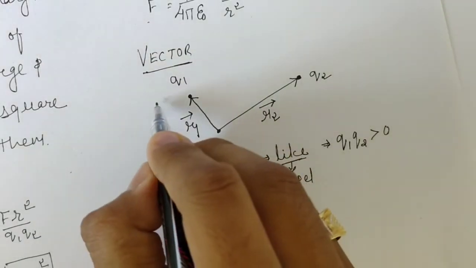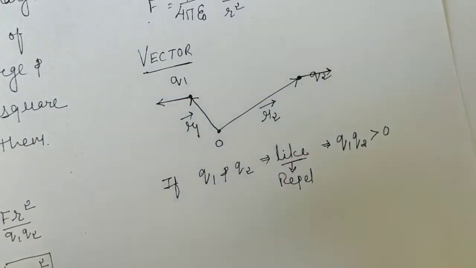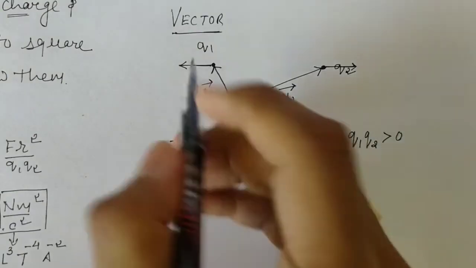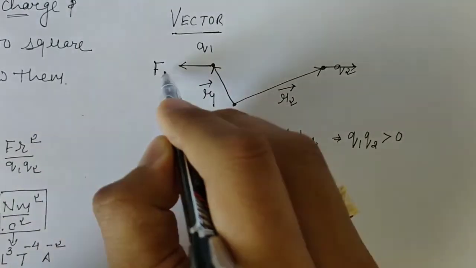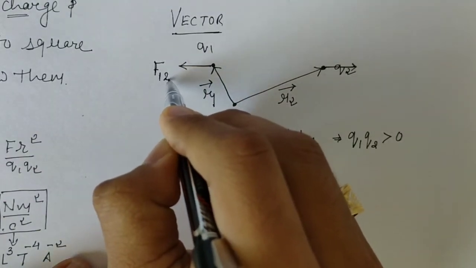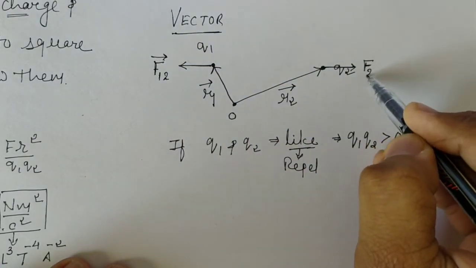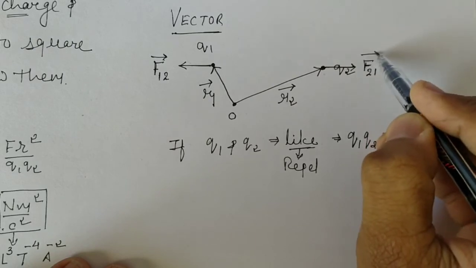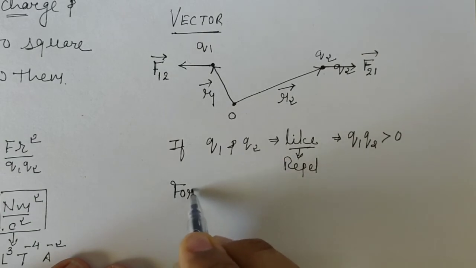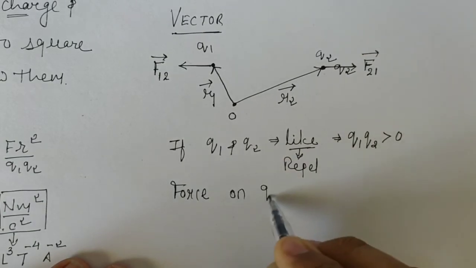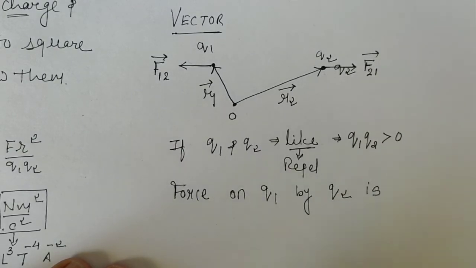By the repulsion, the charges move far away from each other. Suppose this is the force F on charge 1 by charge 2. Similarly, this is the force on charge 2 by charge 1.